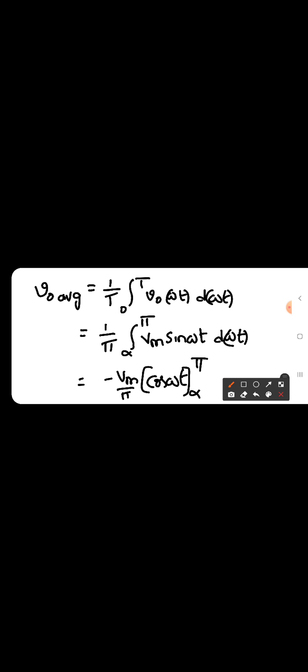So V naught average is minus Vm by pi into cos pi minus cos alpha.